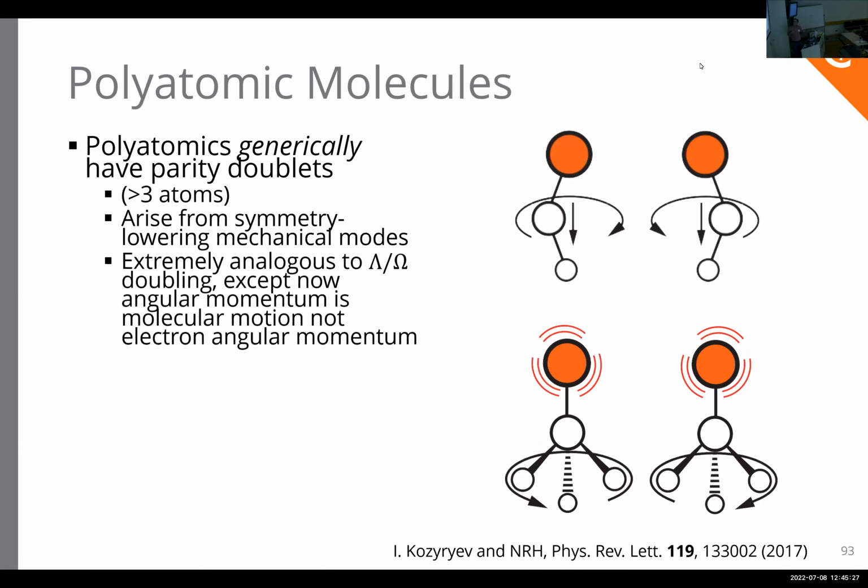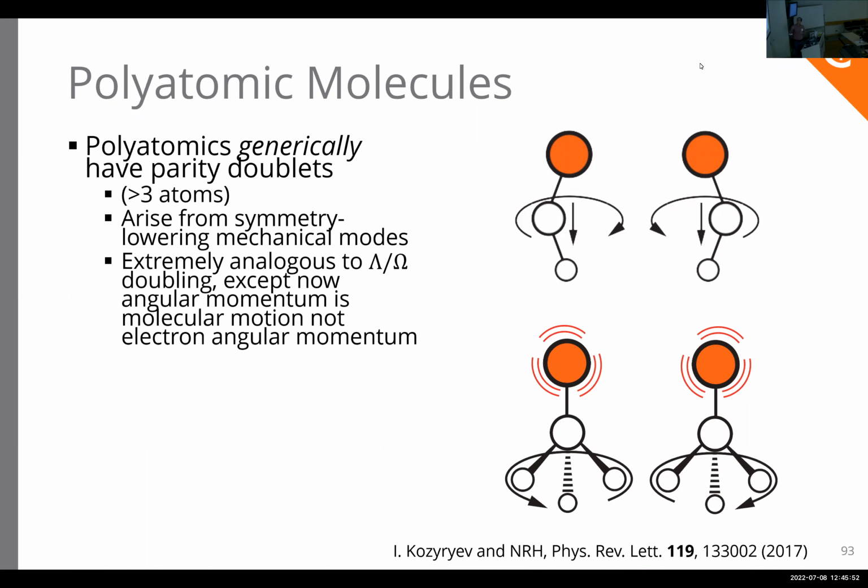You get a lot, but one of the things that I am especially interested in is that polyatomic molecules generically have parity doublets. So you can always find a state in a polyatomic molecule where the rotational states are split into these closely spaced states of opposite parity, meaning that you can polarize them in small fields and do the internal comagnetometer trick.